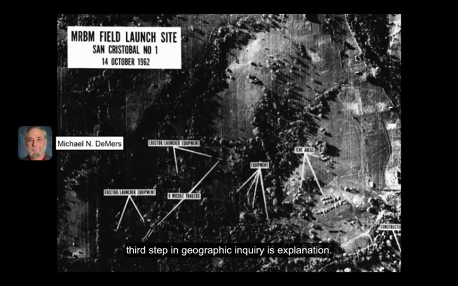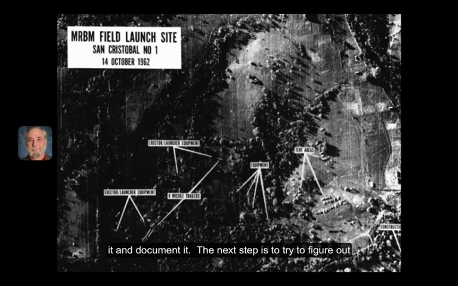The third step in geographic inquiry is explanation. If we observe something, we then describe it and document it. The next step is to try to figure out what the pattern is. If we can observe patterns, what are the patterns? Why are they there? What are the reasons behind particular things that we see? Here, for example, is a picture from October 14th, 1962, and it is photographs taken from U-2 aircraft. U-2 aircraft, of course, were used during the 1960s as spy aircraft.